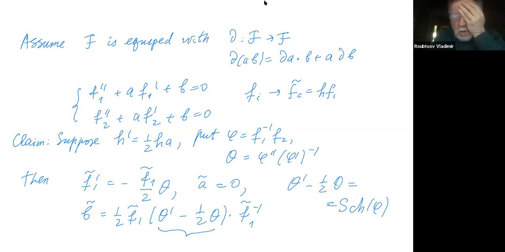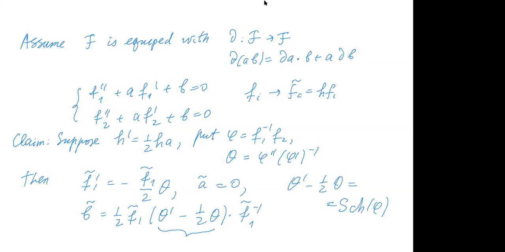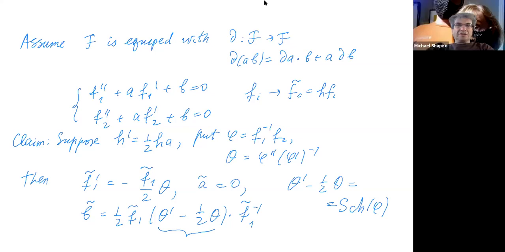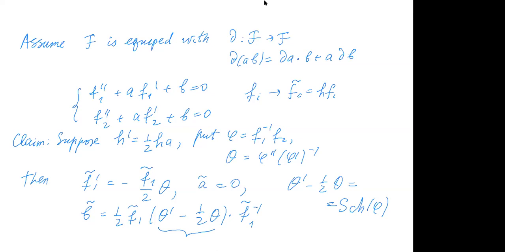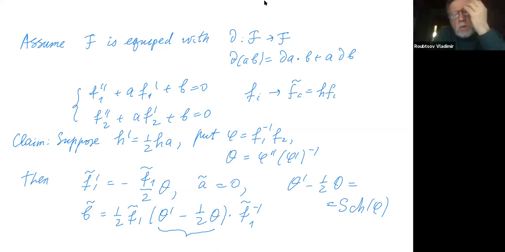The Poisson seminar is from 5 to 6 European time, so after 6 probably, which is 7 Moscow time.